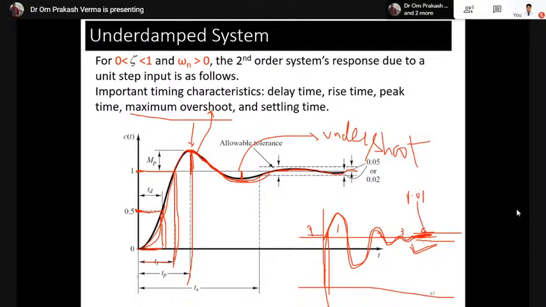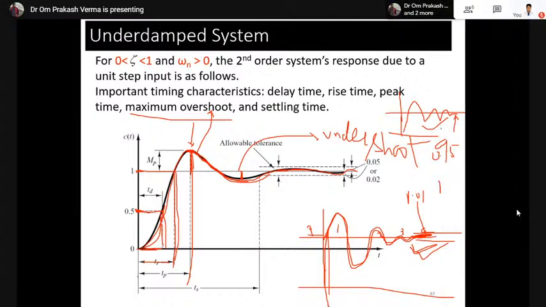Or maybe this one, 1, 2, 3, and this is the 4. Okay, and this is the final value. So let's say this is 0.95. The value may be like this one, or maybe like this one, or it achieves 1 also. So it depends on the condition, what you are achieving.